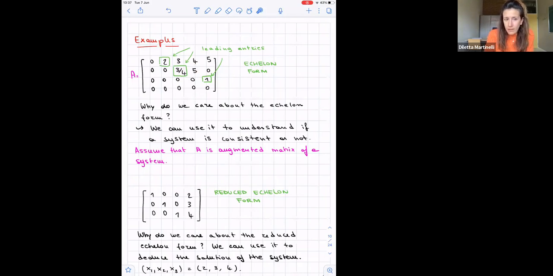And what do we have in the third equation? So the third equation we read as 0 times x1 plus 0 times x2 plus 0 times x3 plus 0 times x4 equals 1. What can we conclude from this last equation?